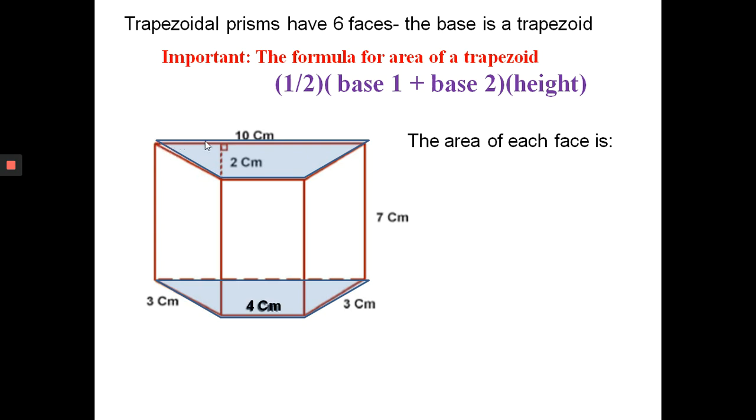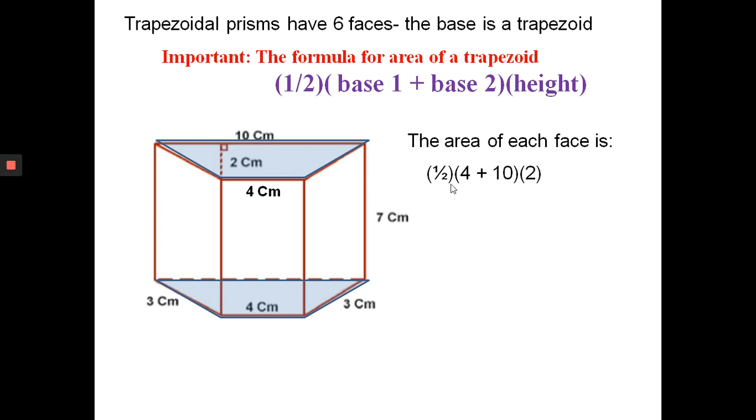Now, we have a base of 10, but this one's not marked. What is that one? So just keep in mind that these two faces are congruent. So if this smaller base is 4, so is that one. So we can now plug in the formula.